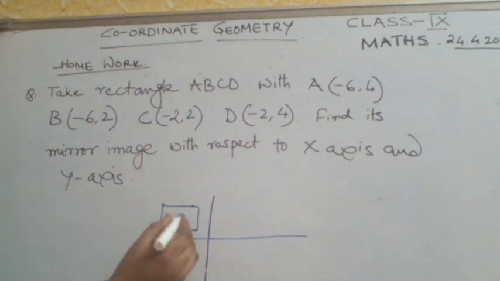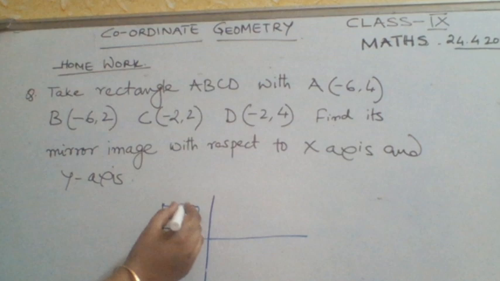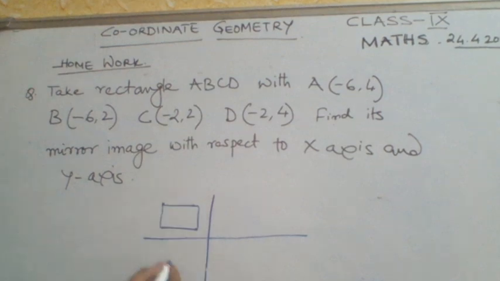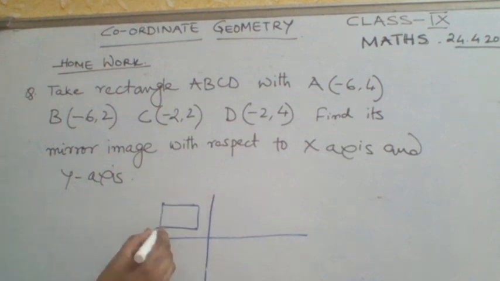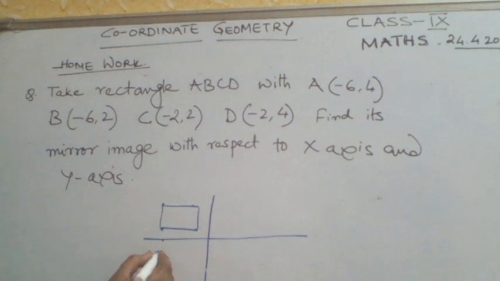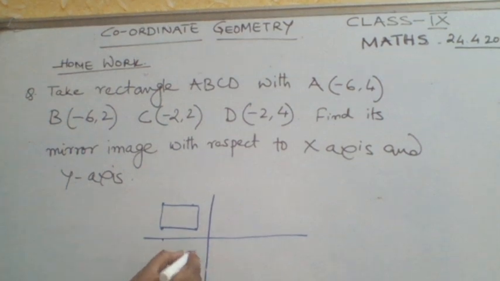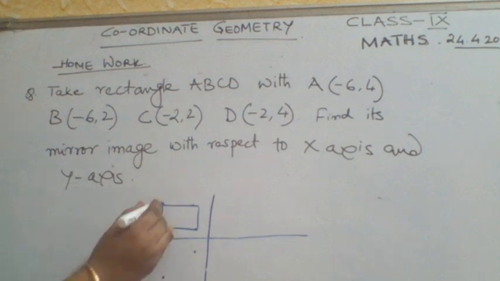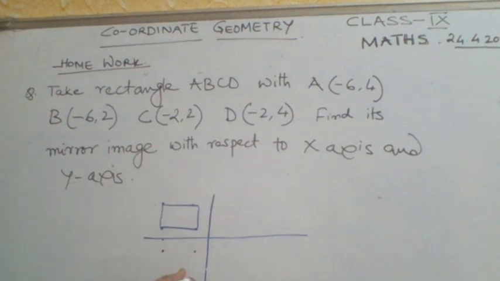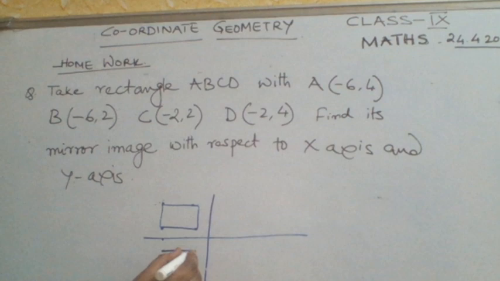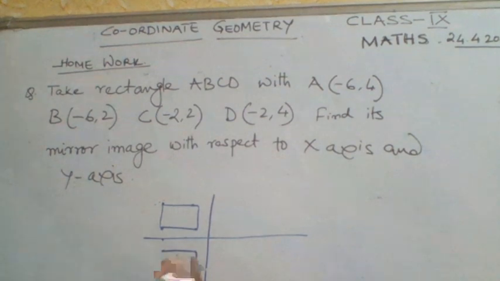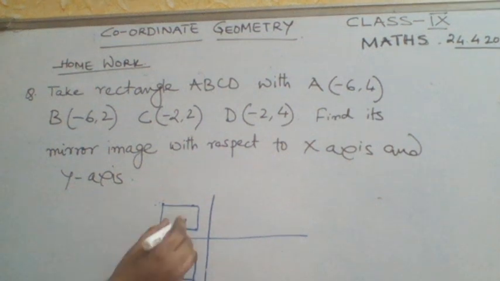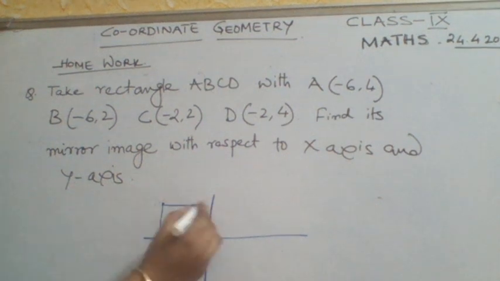If you go for the x-axis, this point's image will appear here. The image of a point is as far behind the mirror as the object is in front of it. And for the y-axis, this point will appear over here, and this point goes to this place.